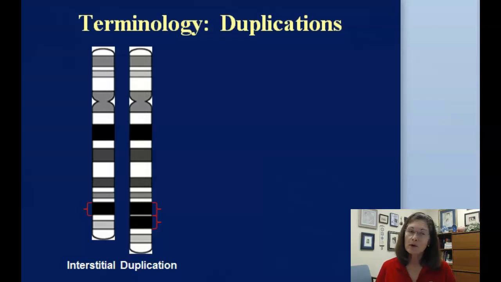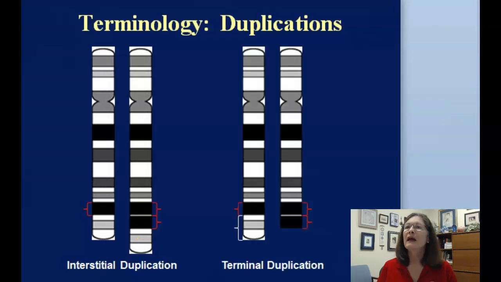And to make it even more complicated, sometimes people have, in addition to their deletion, a duplication. In fact, this one is only a duplication. This dark band right here is duplicated over here. So this person has an interstitial duplication of 18q. And in this case, this person has a terminal deletion. So this region is missing from this chromosome here.